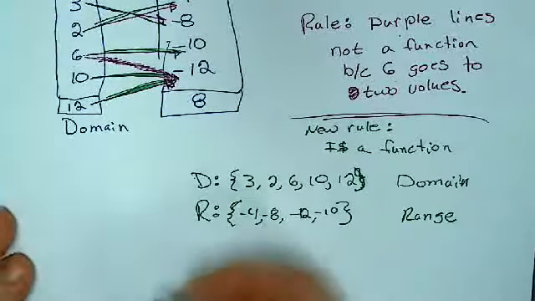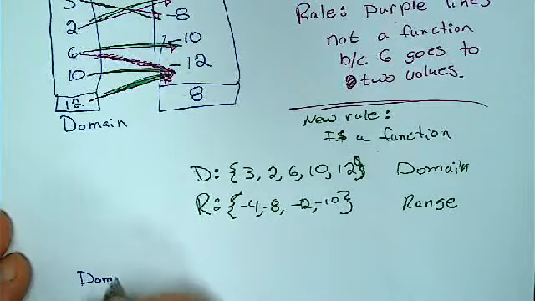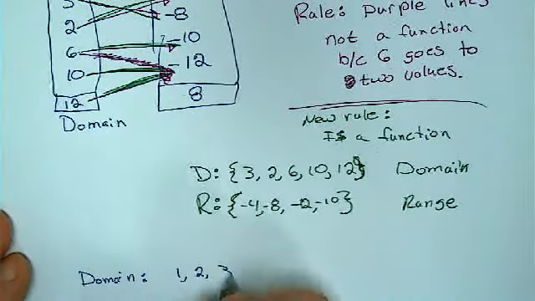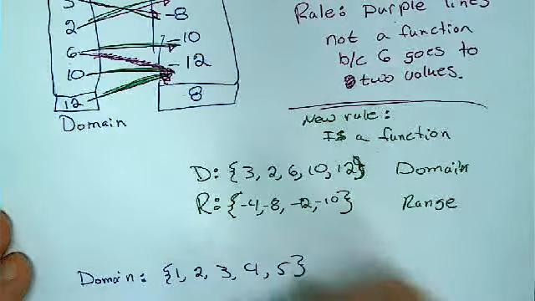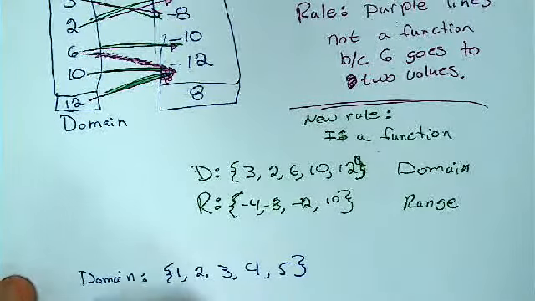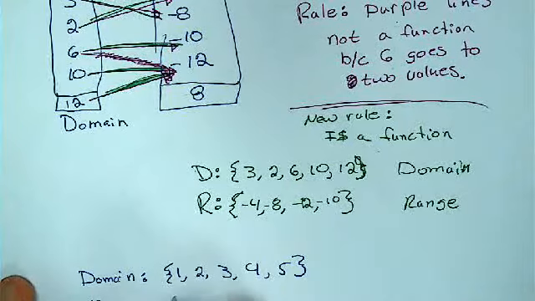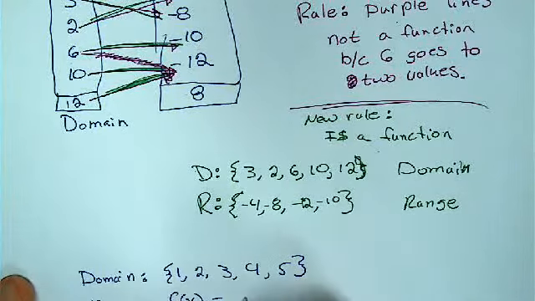So, for example, let's say I take the domain of 1, 2, 3, 4, and 5. So there's my domain. And the rule is going to be this function is, let's do x squared.